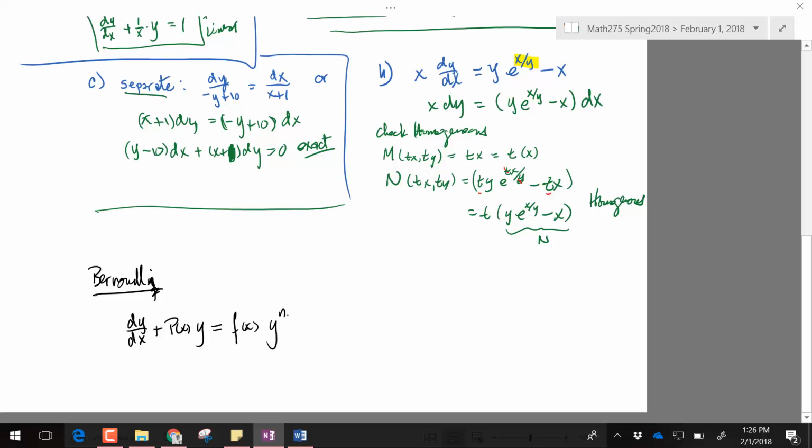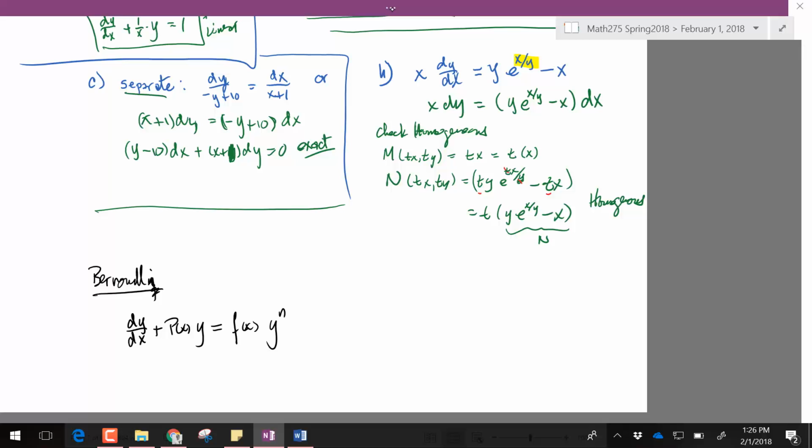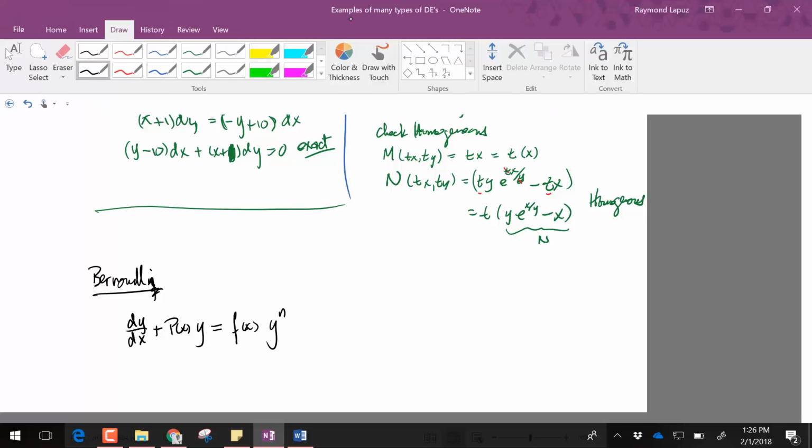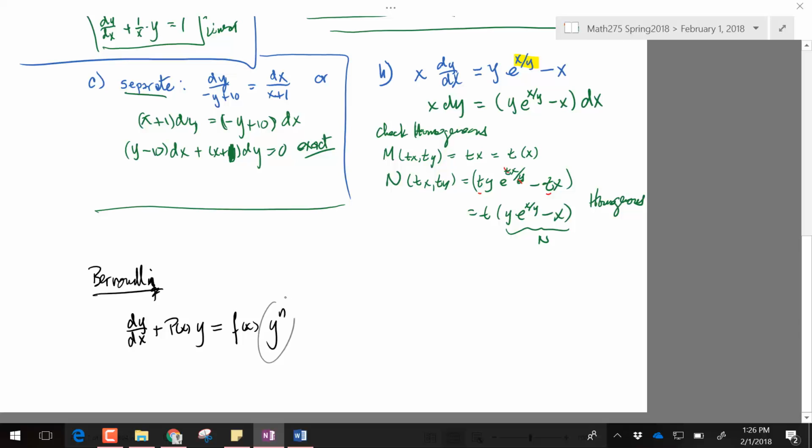This term over here makes it not linear, but there are some differential equations that have a form like this, and so this would be a Bernoulli. There's some sort of substitution that you need to make.